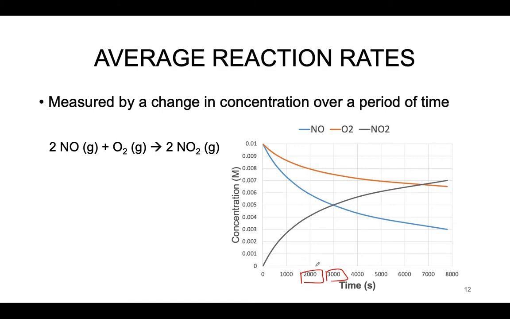Not only for the sake of control, but also it's a little bit easier to see where the data points are intersecting on the y-axis. So it looks like initially at 2,000 seconds, our nitrogen monoxide had a concentration of 0.006, and 1,000 seconds later, we have a concentration of 0.005 molar.